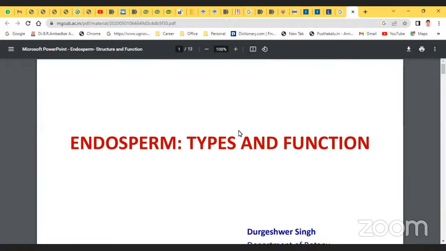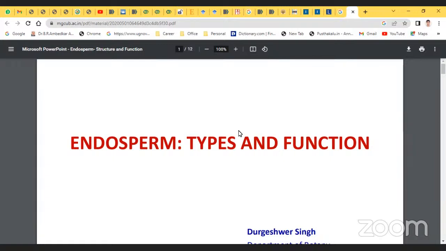Endosperm is a characteristic of all angiosperms, with the exception of Orchidaceae, Trapaceae, and Podostemaceae. What are the 3 families?